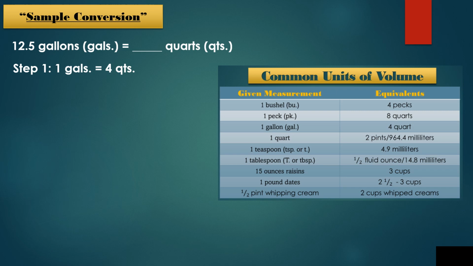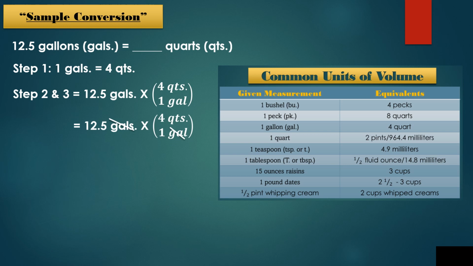So step 2 natin is to multiply the given number to the values used. Ito yung step 2 natin. 12.5 gals times 4 quarts over 1 gal. Next natin is to cancel out the gallons, para makuha natin yung quarts. So 12.5 times 4 quarts over 1 is equals to 50 quarts over 1.